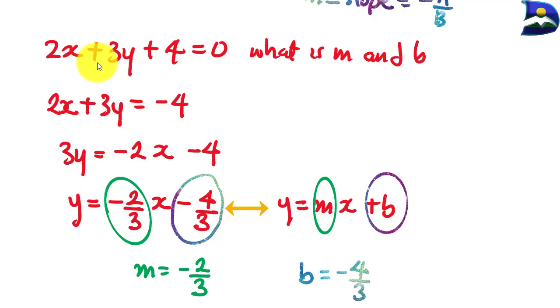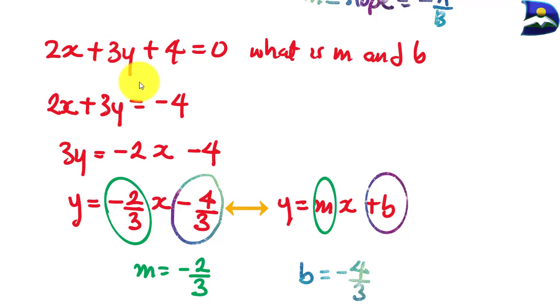Now this means that to find our b from the general formula, all we have to do is multiply c by negative 1, and then divide by this number, which is 3.